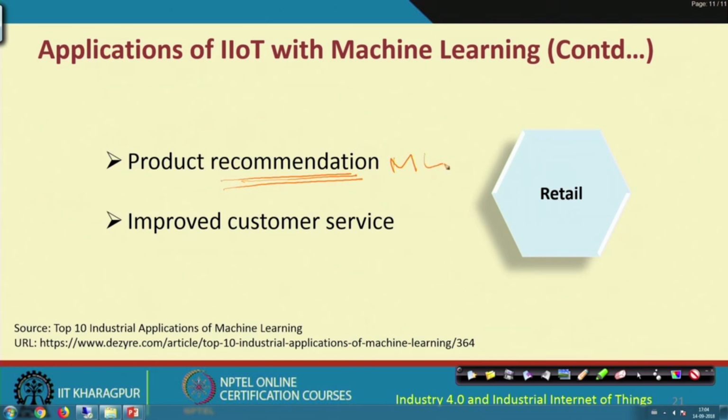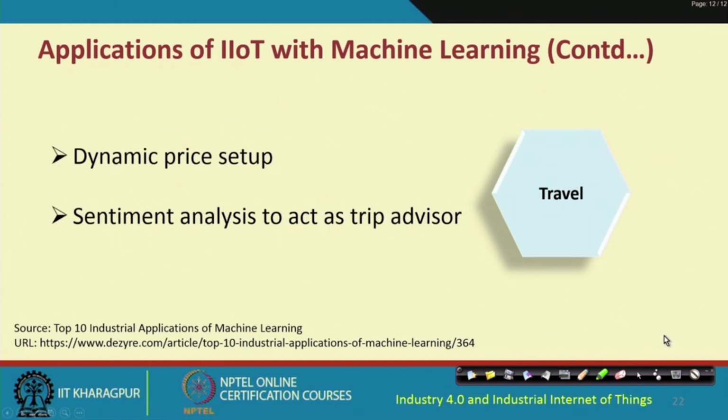So, for product recommendation in the retail sector or for improving the customer services, there also machine learning techniques could be used. In the travel sector also, IIoT with machine learning can be used for dynamic price setup, and for sentiment analysis to act as trip advisor.